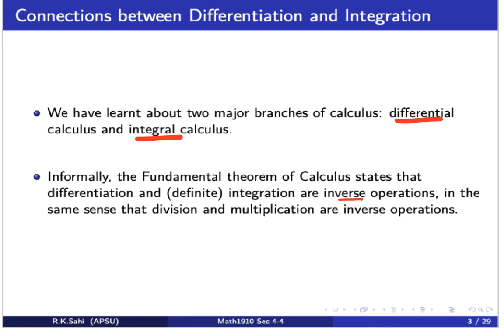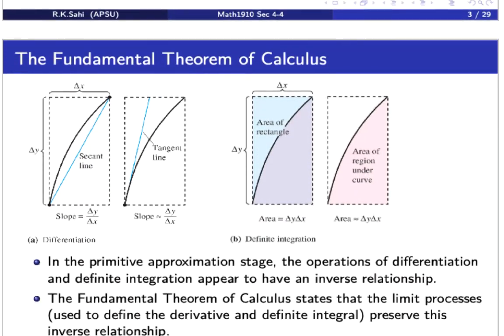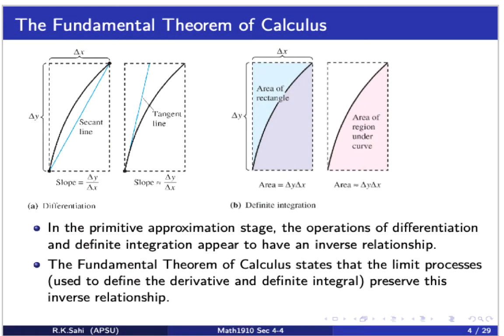So if you recall, in a very layman form, the differentials are nothing but the slopes of the secant line. And if you take the limit of the secant lines, you get a tangent line, and that's how you get the differentials.